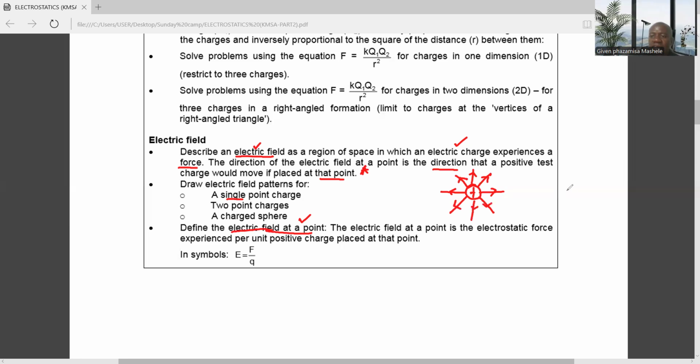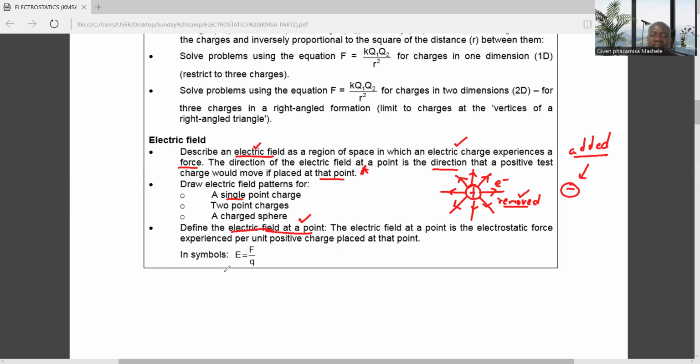Whereas when we have a negative charge, they have to go inwards. It is very important to understand that on a positive charge, electrons are actually removed, but on a negative charge, electrons are actually added. So this is what we'll be talking about when dealing with electric field patterns.